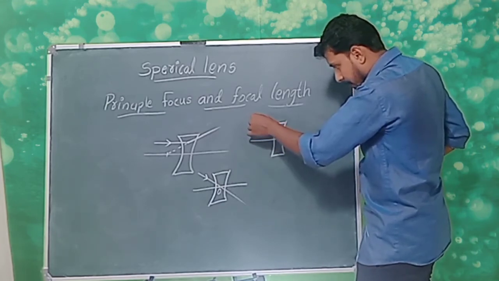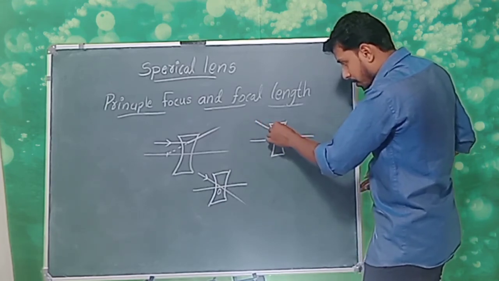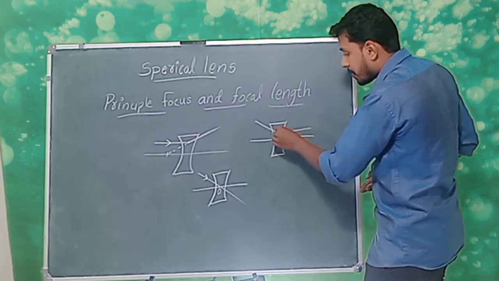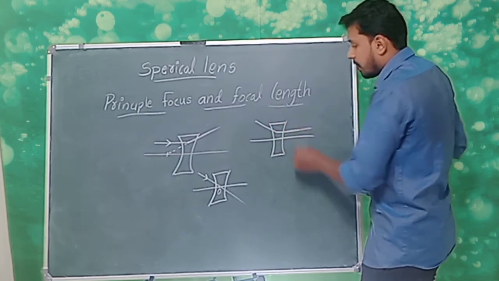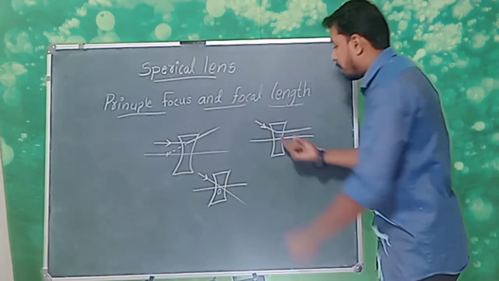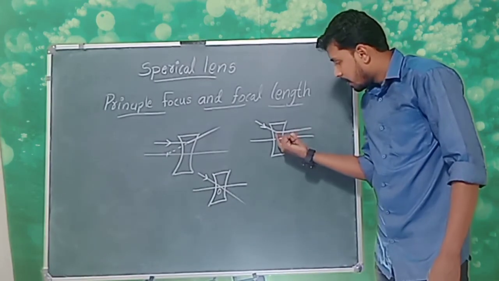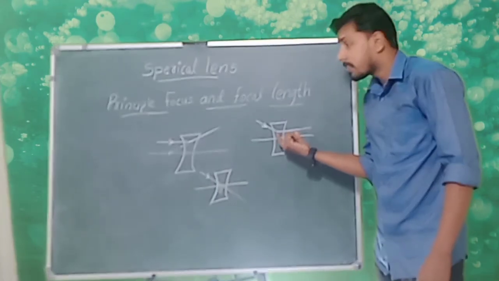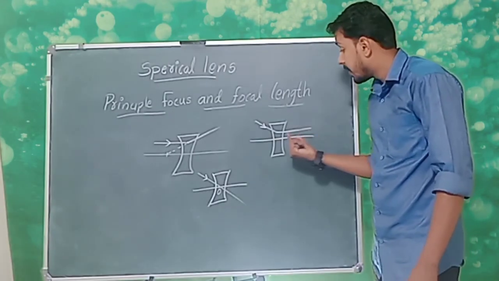The divergent light comes to the concave lens and passes through it. Then the light will go parallel to the principal axis.